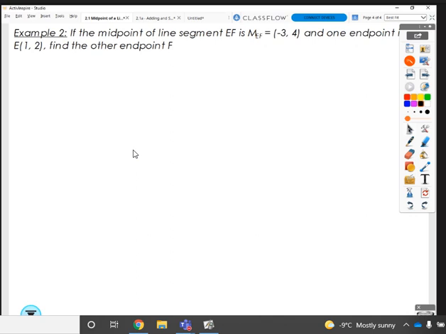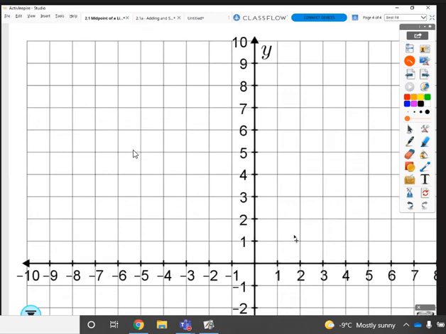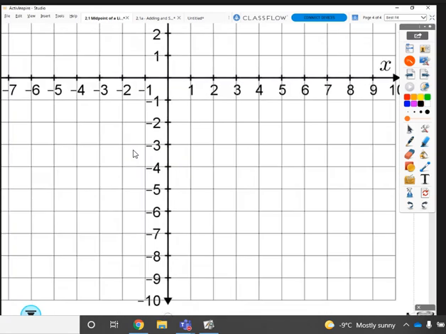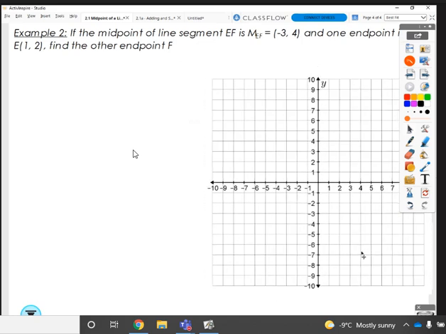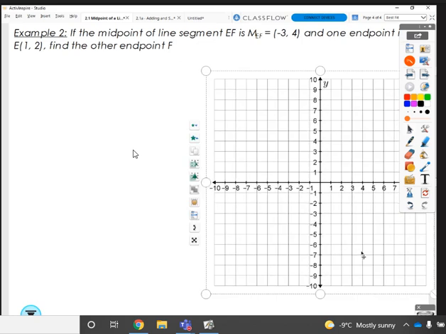Now, I don't know about you, but I'm a very visual person. I need to see what this is going to look like. So let me paste one of these on here so we can see this. You don't really have to draw anything here. I just want to see it for my benefit and also for your benefit. So we got a line segment. Well, we know two things.